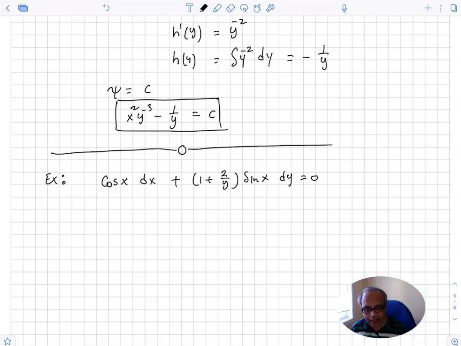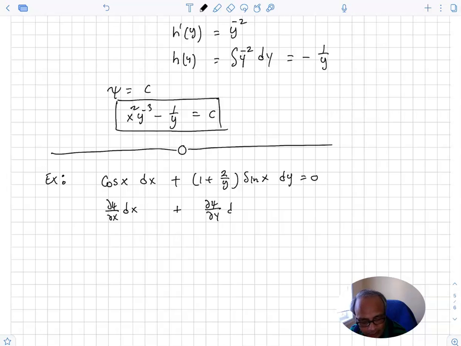And the same way, I want to solve this differential equation. I'm told that this equation is not exact, so I want to find the integrating factor. Nevertheless, I will first start checking whether it is exact or not exact.